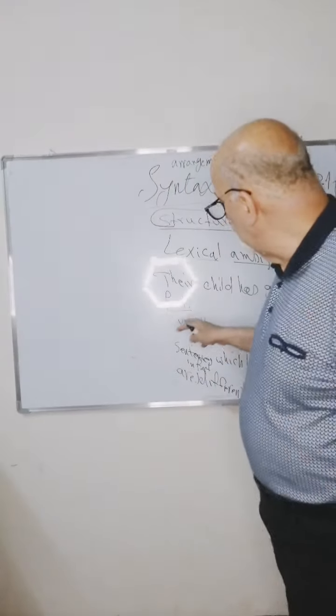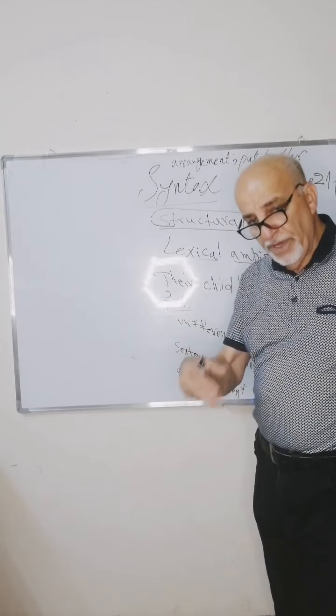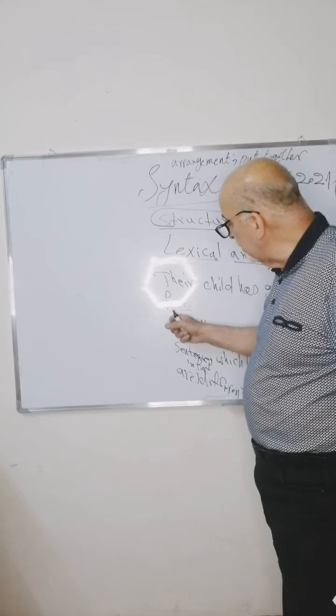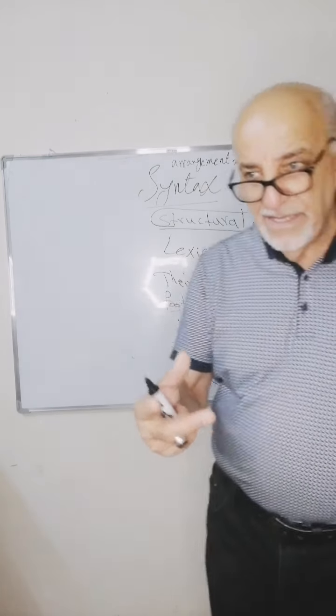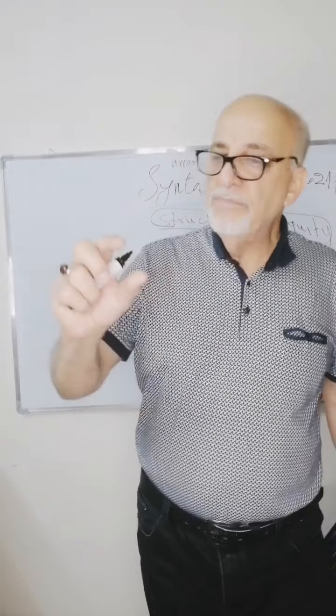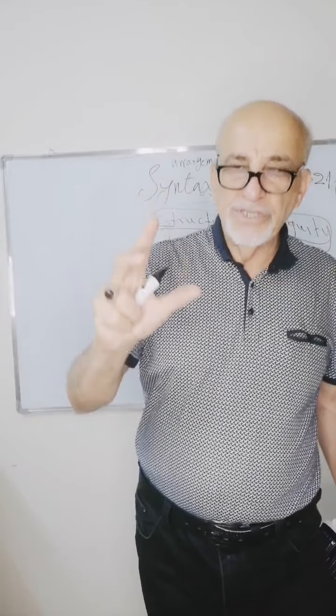So now one meaning of the word foot is that which we use when we walk. Okay, right. Another meaning is that we do not mean the foot, the other part of the body, but we mean a unit of measurement.